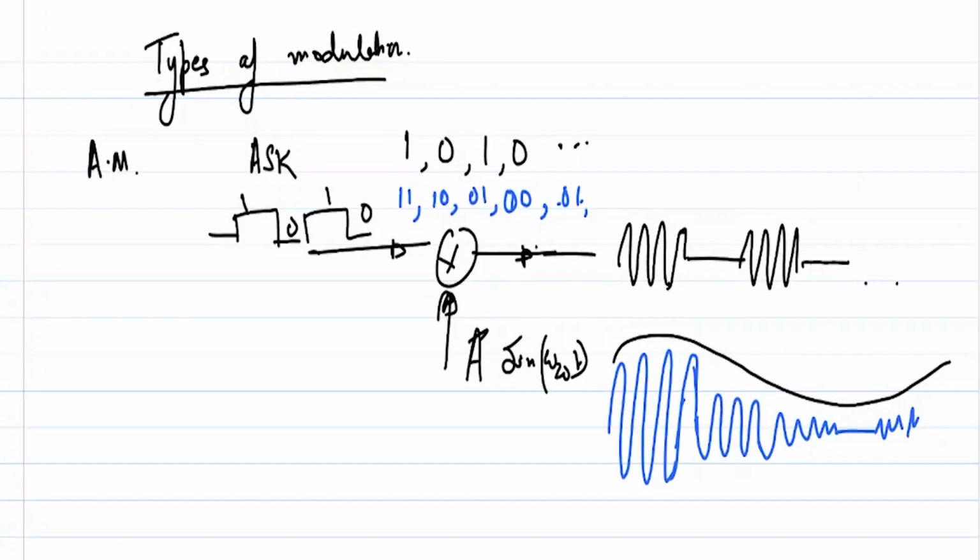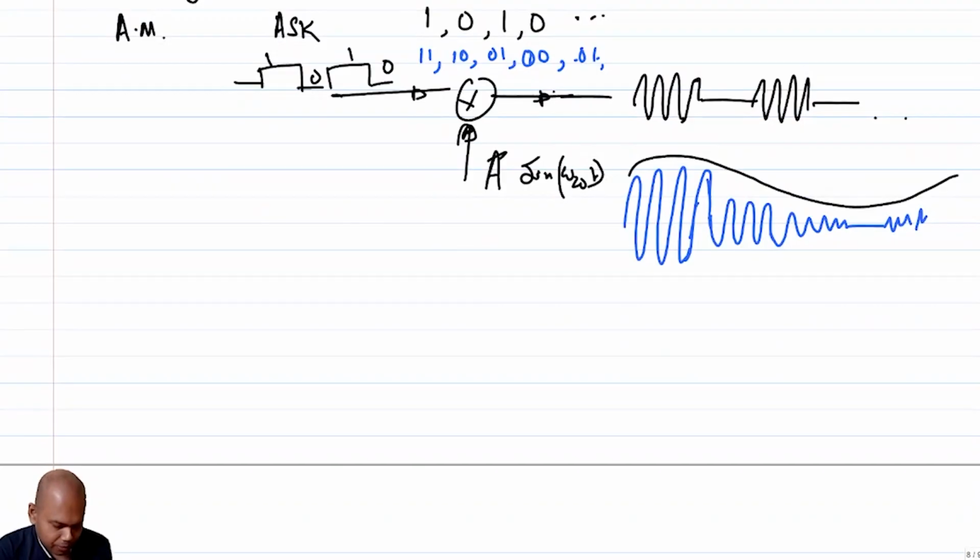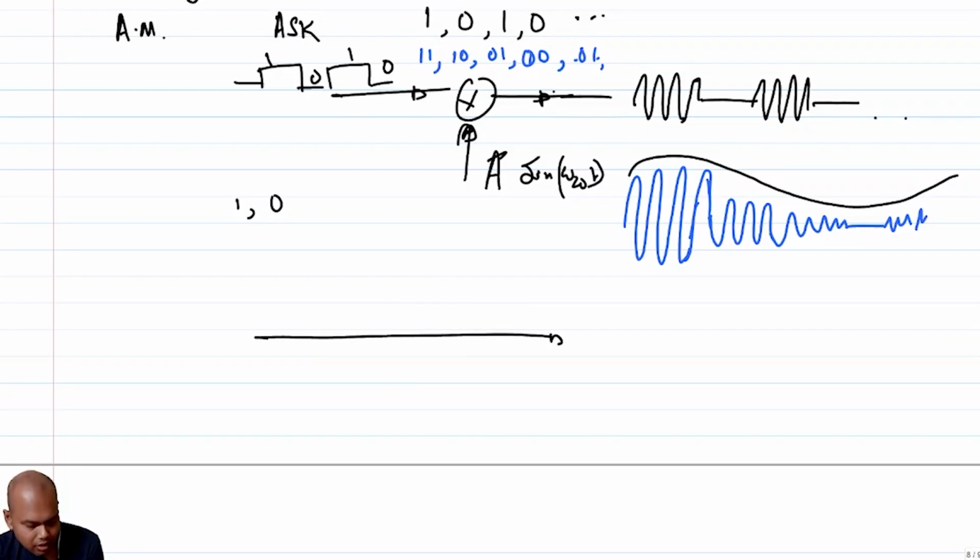Before going there, let me talk about how these types of symbols are often represented. These are often represented in terms of a constellation diagram. So let's say I am only sending 1 and 0, single bits, correct?